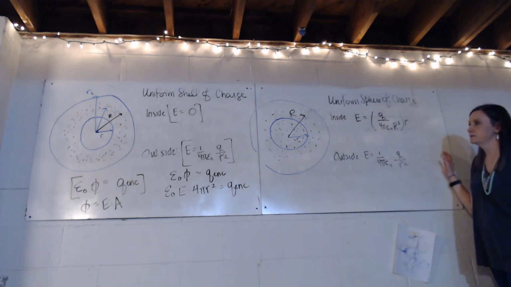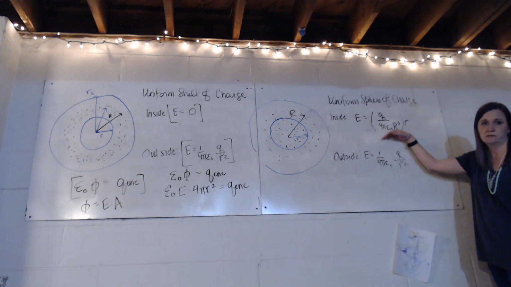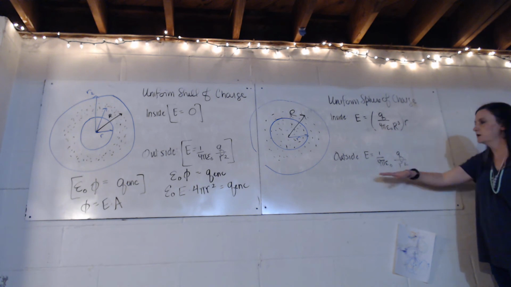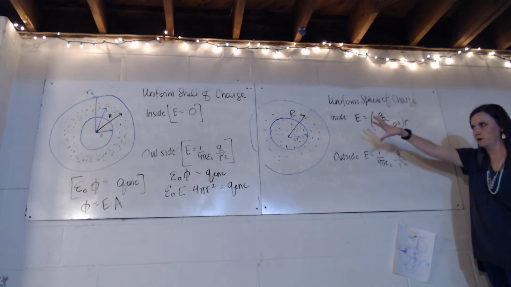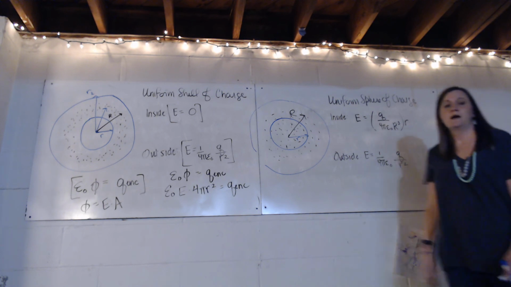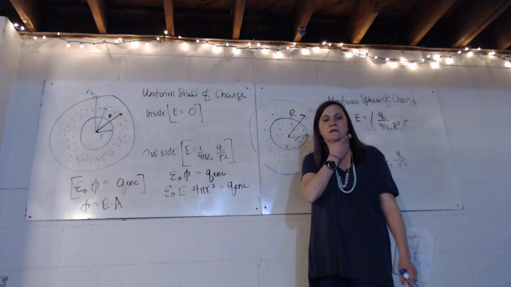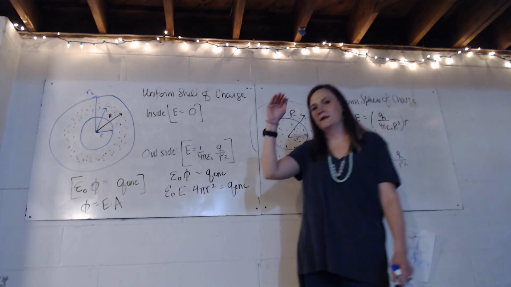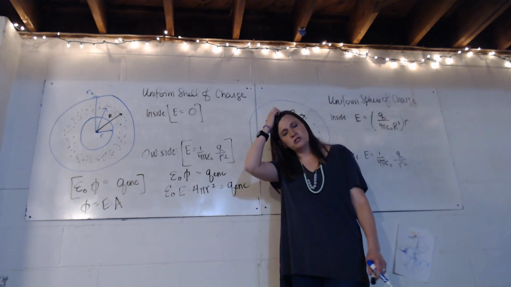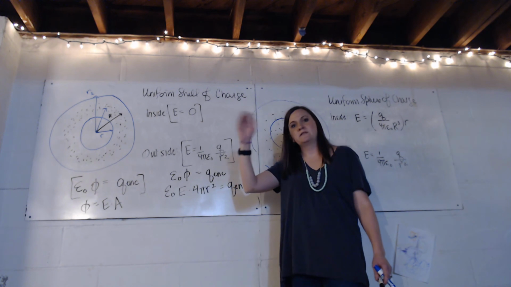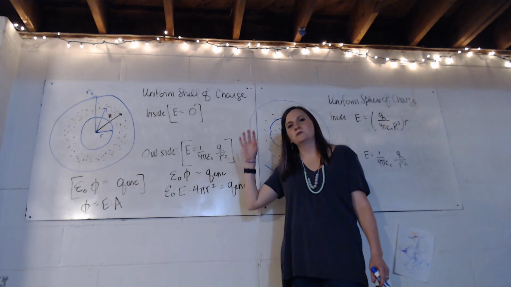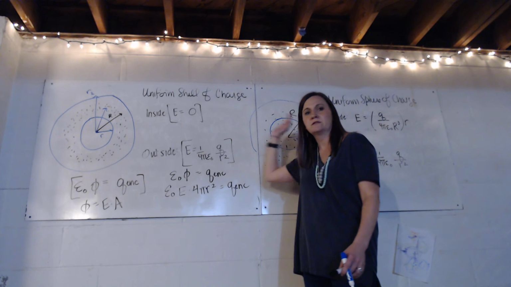And then spheres: inside you have to use this thing that comes from a volume ratio, outside you treat it as though all of it is a point particle in the center. I made, and I will post on Schoology, a cheat sheet with all the Gauss equations for different shapes: cylinders, sheets of charge, shells, spheres. So you'll have that all there.